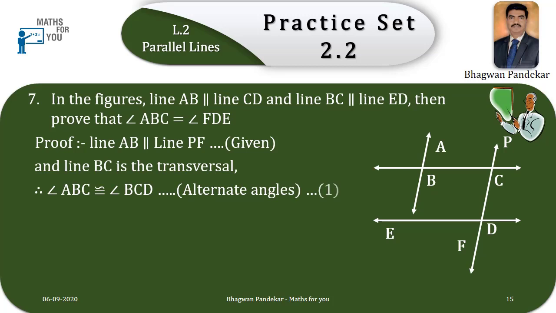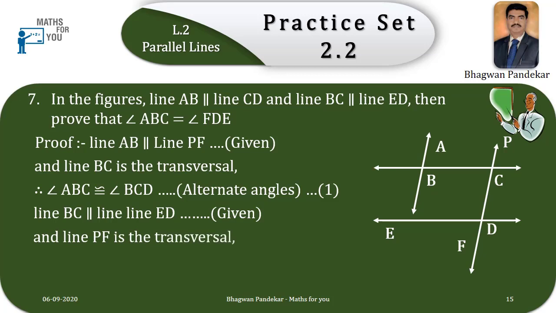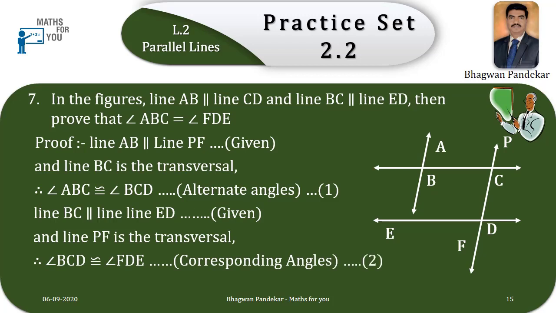Therefore, angle ABC is congruent to angle BCD. Reason: alternate angles. This is your first equation. Line BC is parallel to line CED, here the given information, and line DF is the transversal. Therefore, angle BCD is congruent to angle FDE.